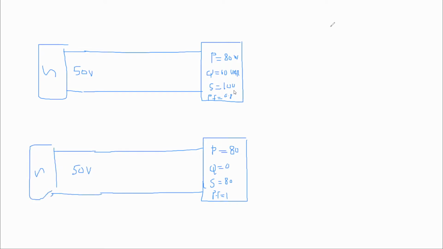Now we know in a single phase S equals VI. So in the first load, this one here, S is 100, V is 50, I from here will equal 2. So the current coming here is 2.